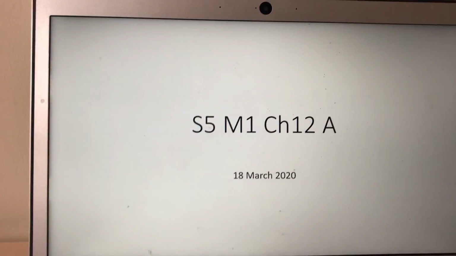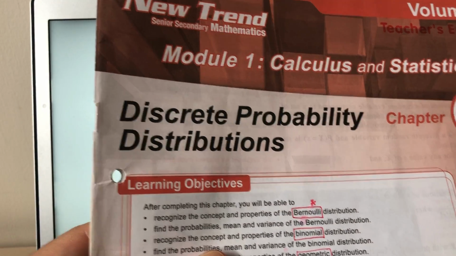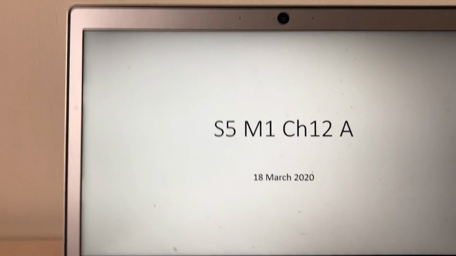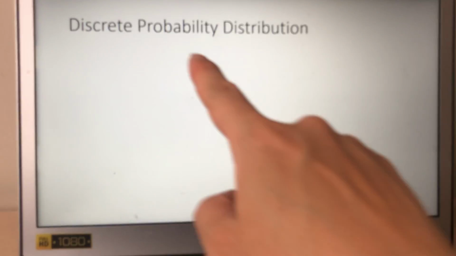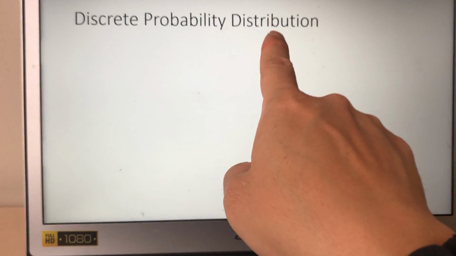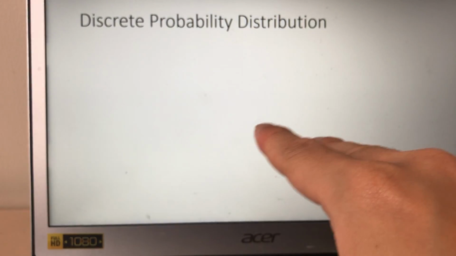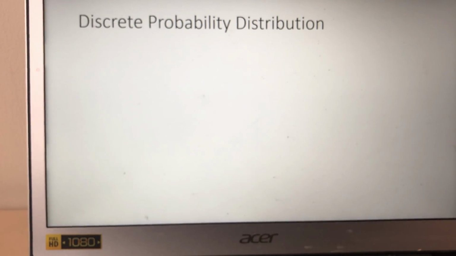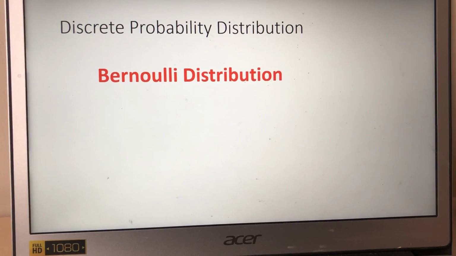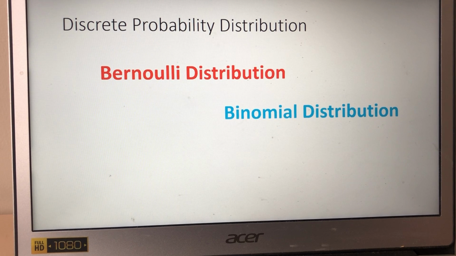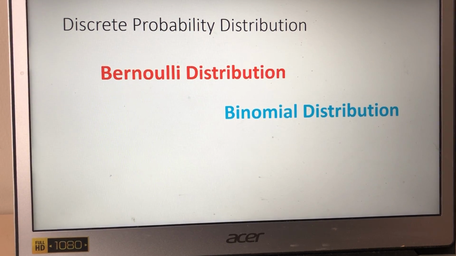Now, chapter 12, discrete probability distribution. So what are we going to learn in this chapter? Of course, we are going to learn the probability distribution, discrete. There are 4 types. The first one is Bernoulli distribution. The second one, binomial distribution.